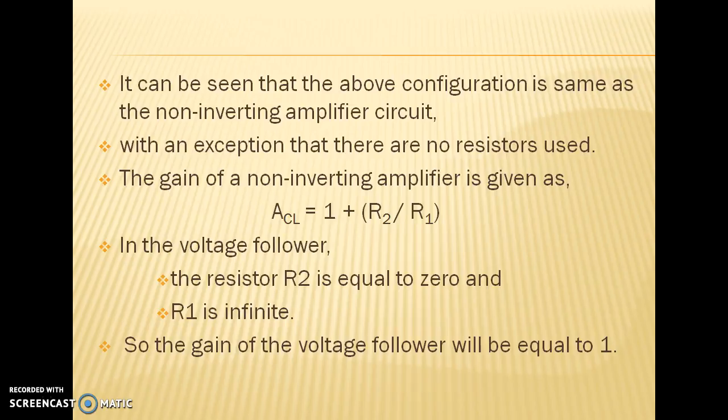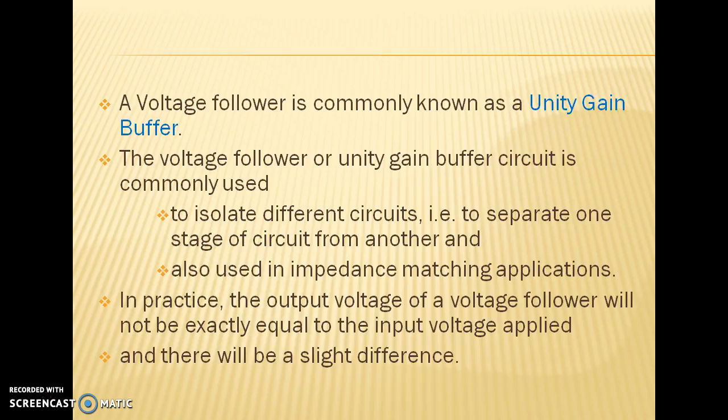The gain of a non-inverting amplifier is given as 1 + R2/R1. In the voltage follower, resistor R2 is equal to 0 and R1 is infinite. So the gain of the voltage follower is equal to 1. A voltage follower is commonly called unity gain buffer.